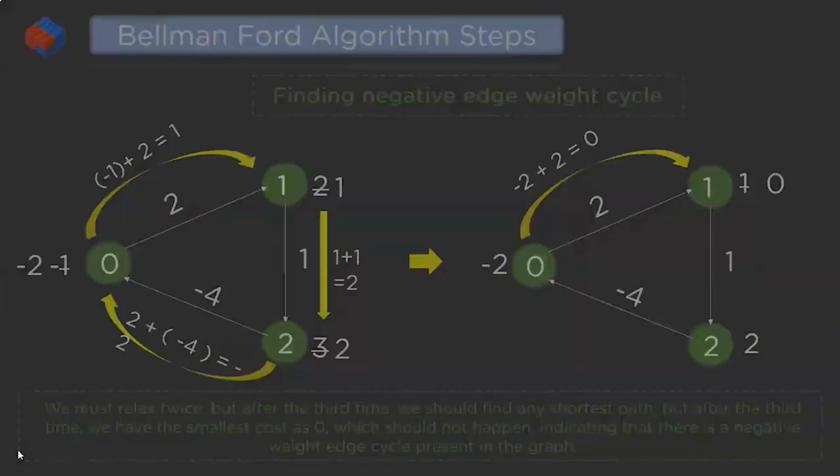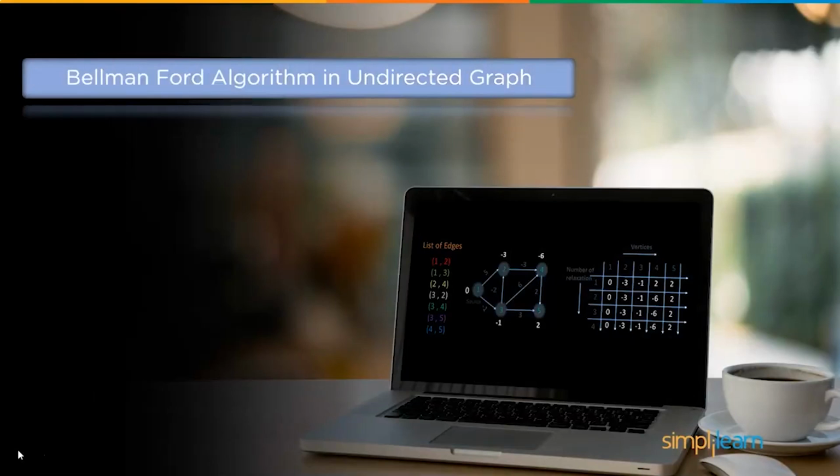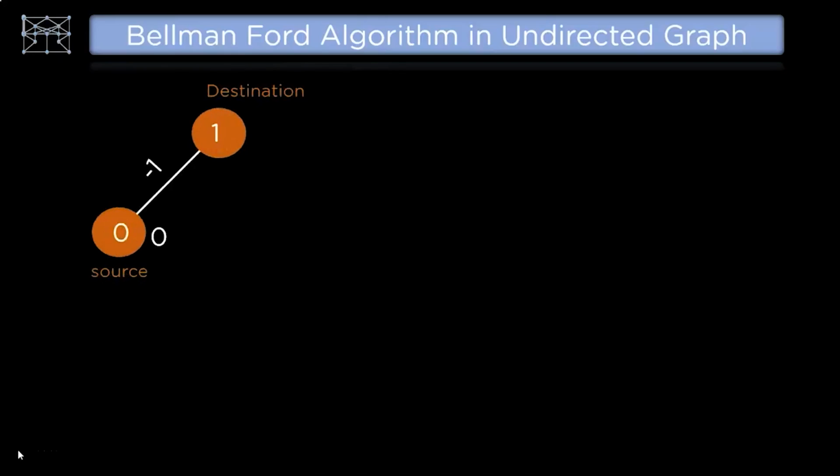Next, we will see how the Bellman-Ford algorithm works on an undirected graph. Let's learn this through an example. Here, we have a graph of two vertices 0 and 1. So, when we go from undirected edge 0 to 1, the cost will be calculated as 0 plus minus 1, which is equal to minus 1.